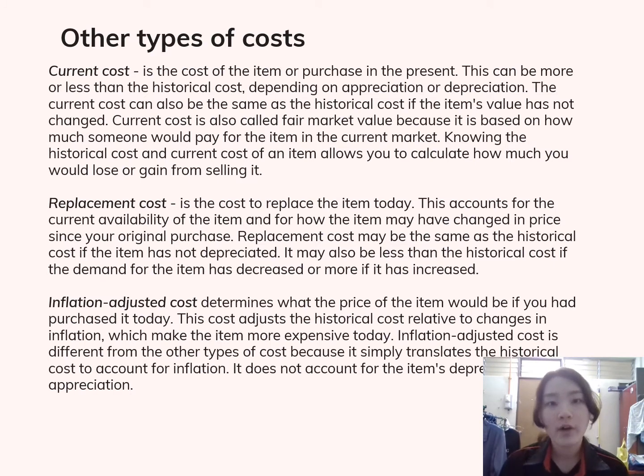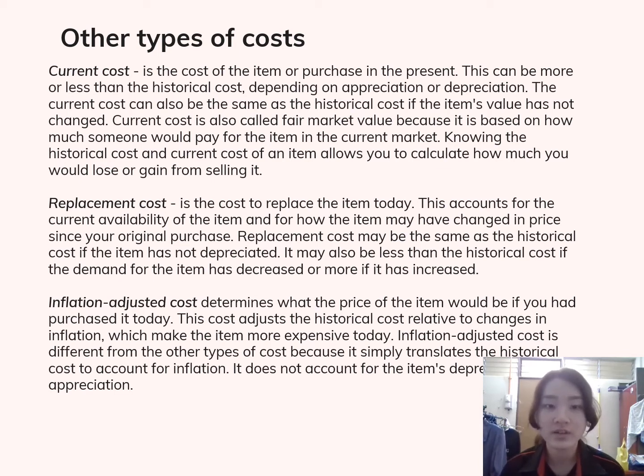Another type of cost is current cost, which is the cost of the item or purchase in the present. This can be more or less than the historical cost, depending on appreciation or depreciation. The current cost can also be the same as the historical cost if the item's value has not changed.